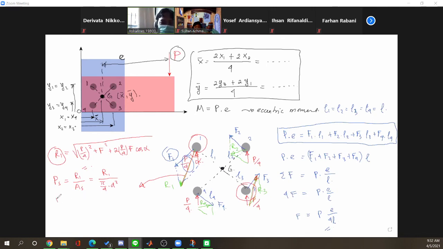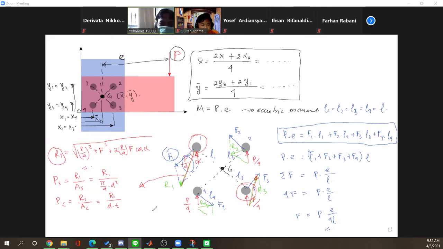Okay, and about the crushing, it's also R1 divided by the crushing resistance area. So it should be R1 over the diameter and the thickness of the plate. So this is the working shearing load, and this is the shearing stress.